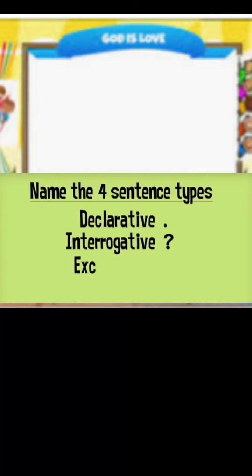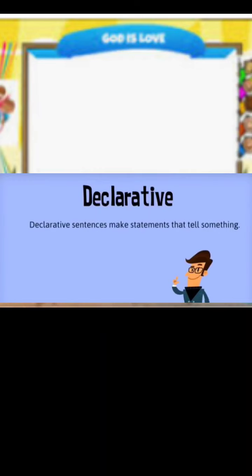The 4 types of sentences are declarative, interrogative, exclamatory, and imperative. Declarative sentences make a statement that tells something. Statements that tell something generally give us information about a topic or a person. Here are some examples of declarative sentences.